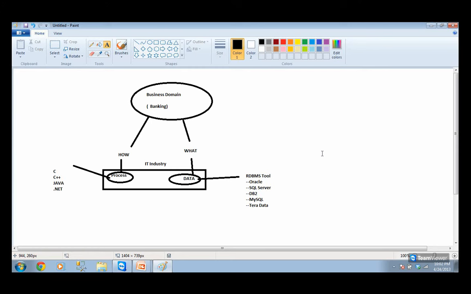So when you're working for a company like Wipro or Infosys, you have to know C, C++, Java, .NET when you want to work with the process of the domain, or you should know the data of a company to understand this. For example, SAP is also an application, and the SAP data is stored in Oracle.